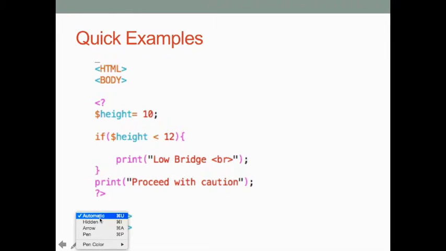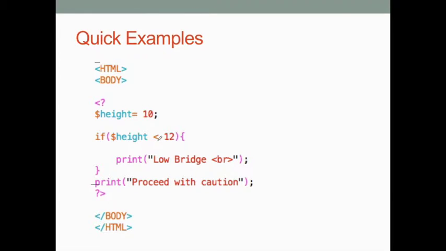We've got one as well here that shows what happens after the if statement. So we've got a variable called height, which is 10. If height is less than 12, we print low bridge. But then, whatever height is, we print this line here.